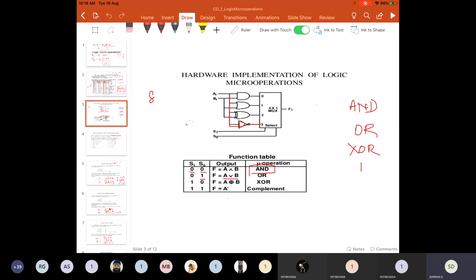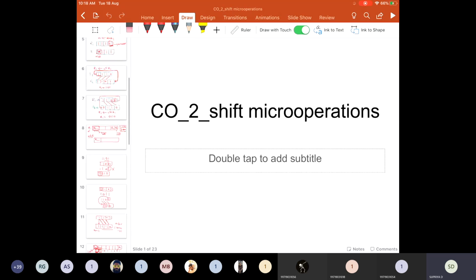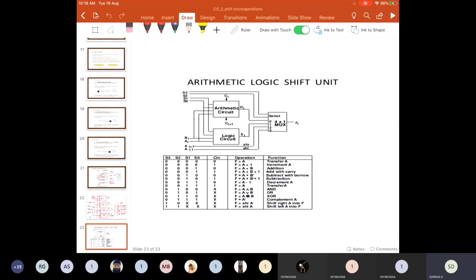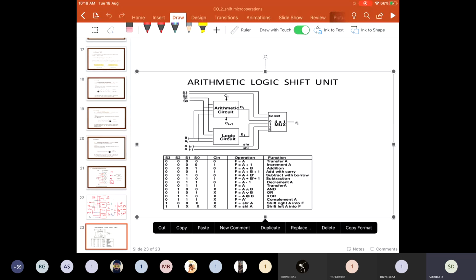Now we'll see how we can perform all the operations using this single circuit. The arithmetic circuit is the 4-bit arithmetic circuit, and the logic circuit is one stage of the logical circuit at bit positions AI and BI.